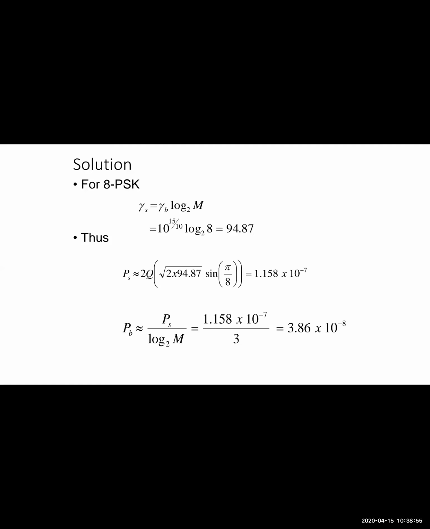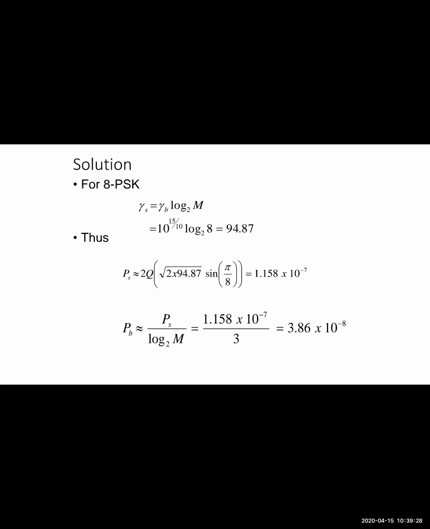So we need to first of all convert gamma B into gamma S. And then the gamma B that was given was in dB. In this equation, we are not going to deal with dB, so we convert it. That's why we have 10 to the power 15 over 10. So it's a conversion from dB to non-dB. That's what you need to know.